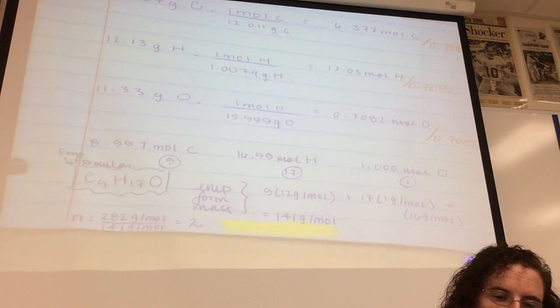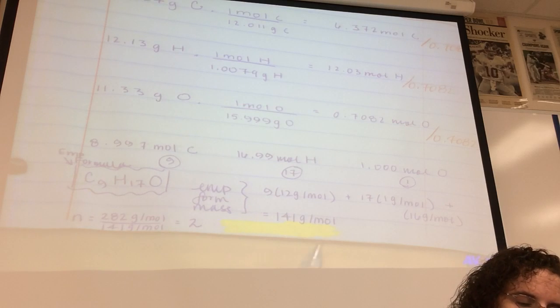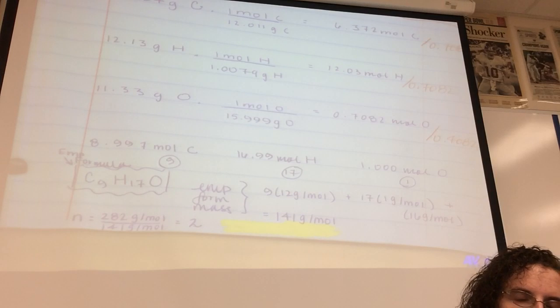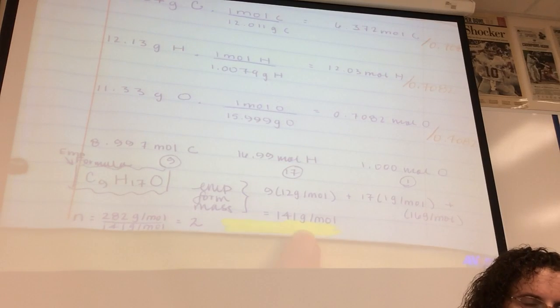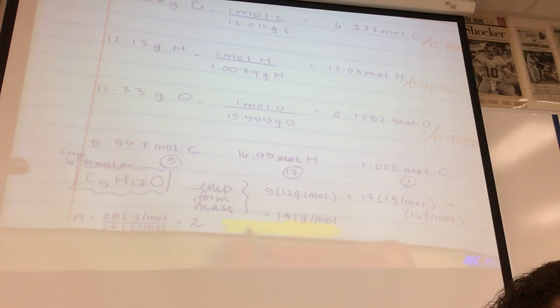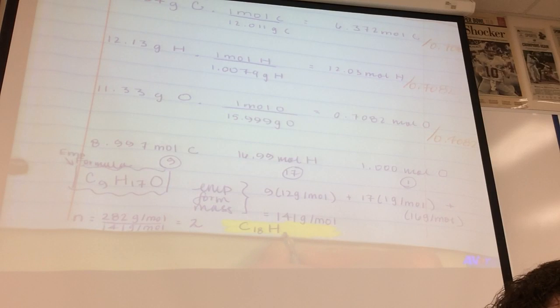You have the empirical formula, you have the N. The molecular formula, C something, H something, O something. Multiply by 2. Good. C18, H would be 34. 34 is correct. O would be 2. That's my molecular formula.